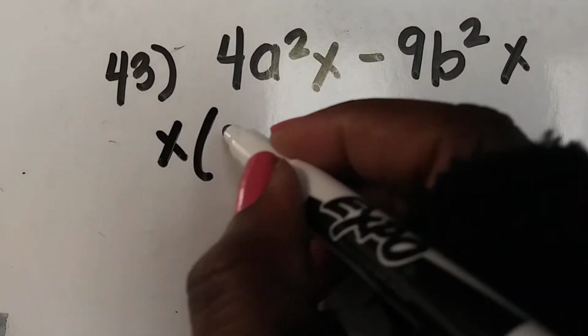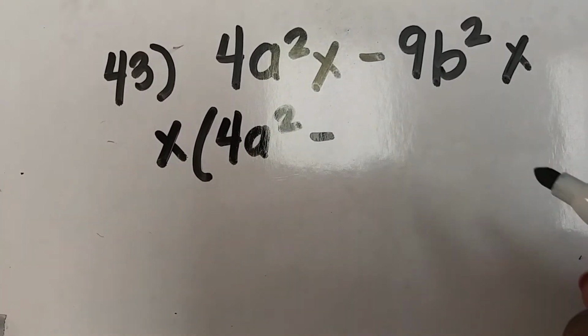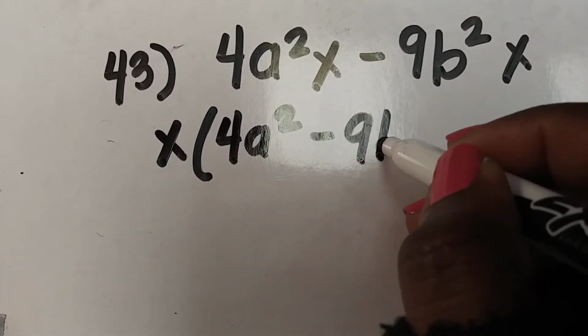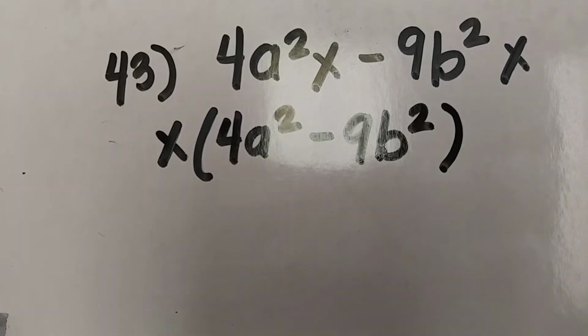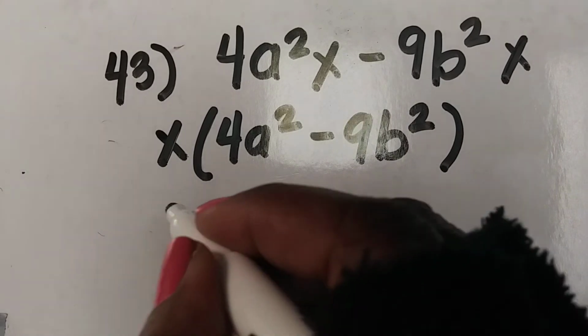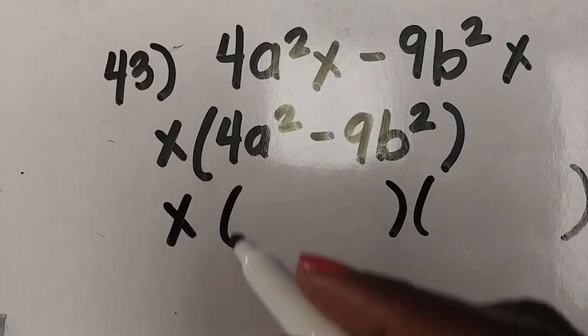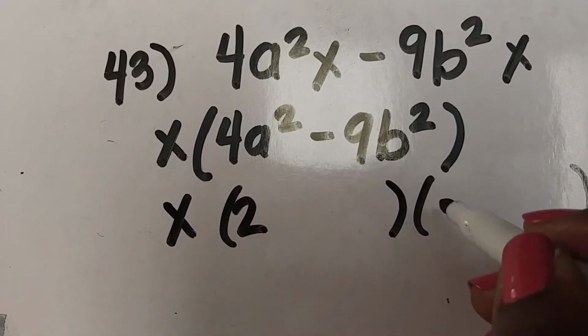So I factor out an x, and I'm left with 4a squared. Bring down the minus. I'm left with 9b squared. Now, in the parentheses, I'm looking at a difference of two squares. I have x, write down my parentheses. Square root of 4 is 2.